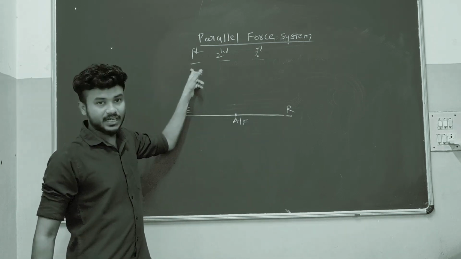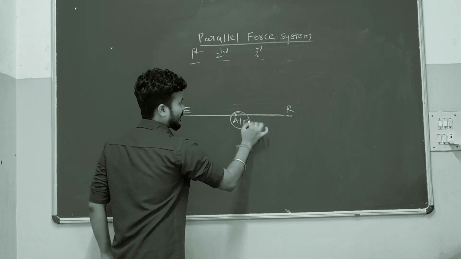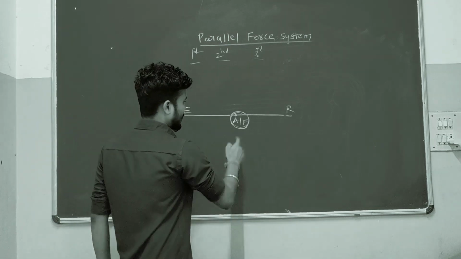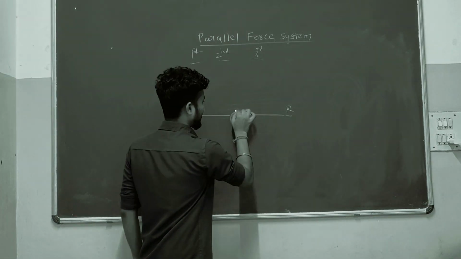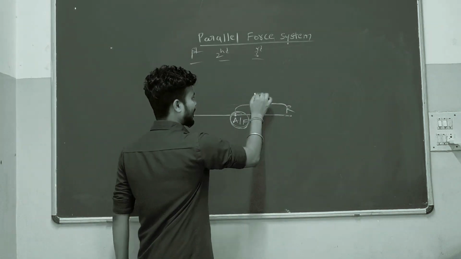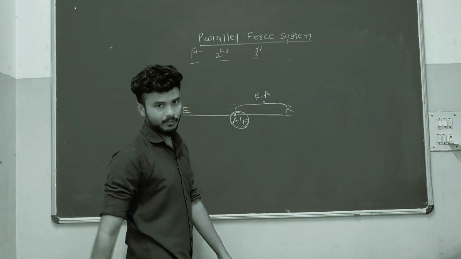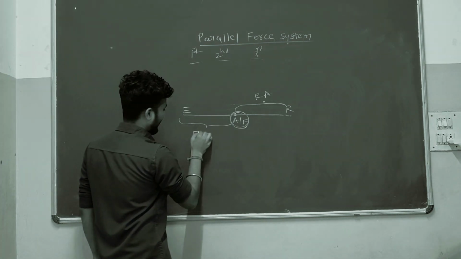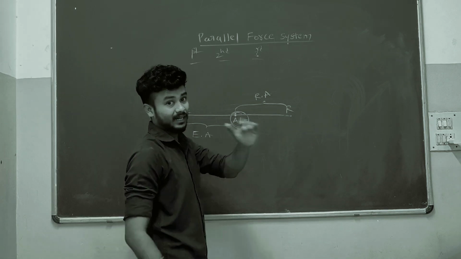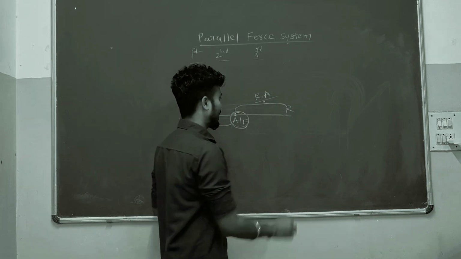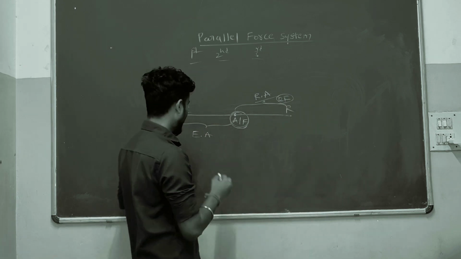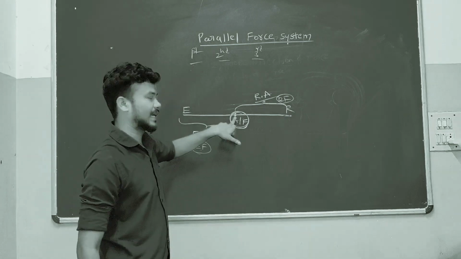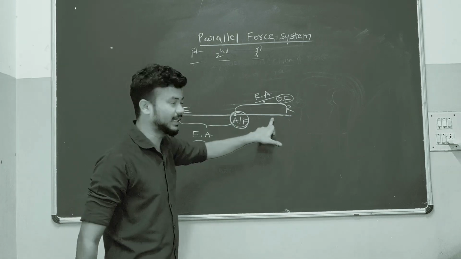In the first order lever, the axis, the fulcrum, will be in the center of the lever. The distance from the axis to the resistance is called the resistance arm. The distance between the effect and the axis is called the effect arm. So in this first order lever, the axis will be in the center of the lever.